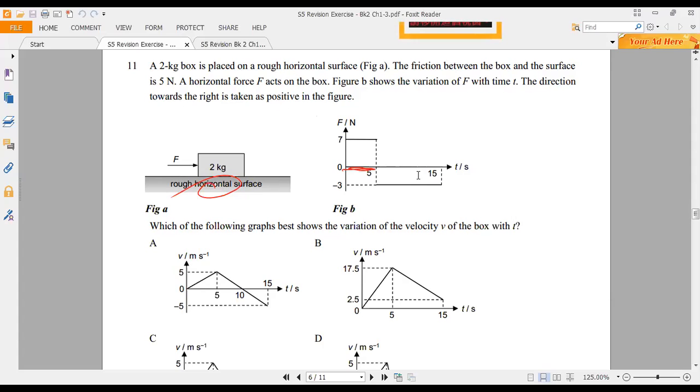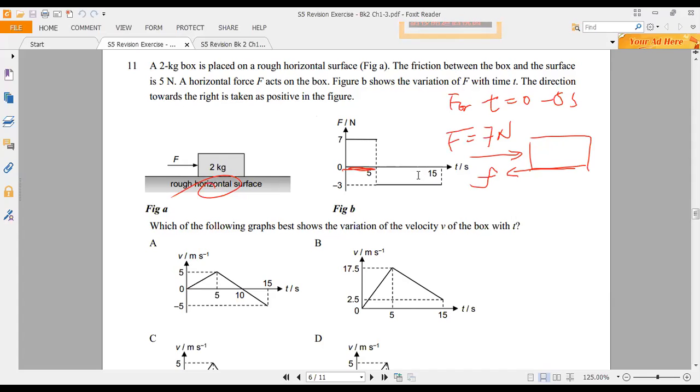So in order to understand the situation, we may draw a free body diagram for t equal to 0 to 5 seconds. The force we add on that is F equal to 7 Newton, and then a friction, isn't it? So the net force is equal to 7 minus F equal to MA. We know that it's accelerating because the friction is only 5.